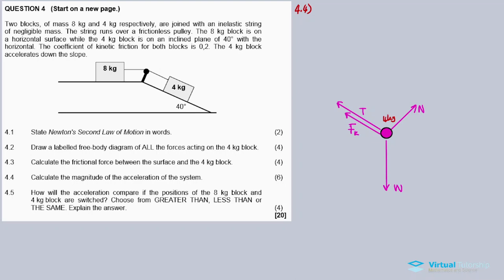You need a set of 2 equations. Since this is a 2-body diagram, it means that there's 2 unknowns. The first unknown is tension. The second unknown is acceleration.